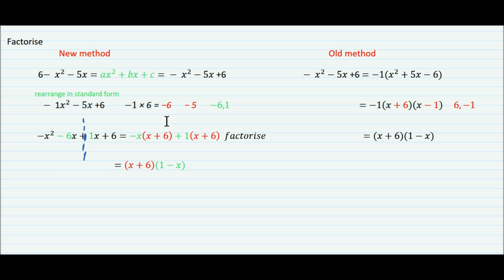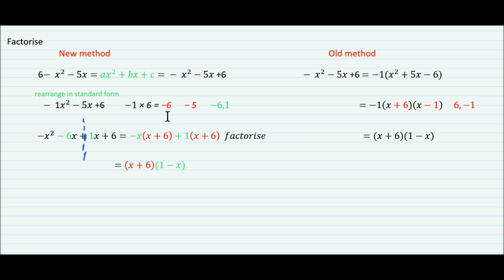Then you say to yourself, what two numbers multiply together to give minus 6 and add together to give minus 5? This minus 5 is from the coefficient of the minus 5x.